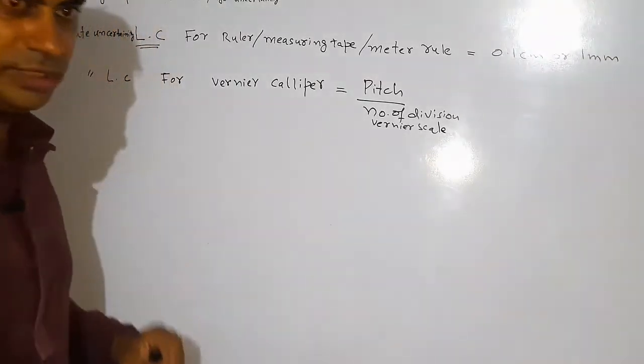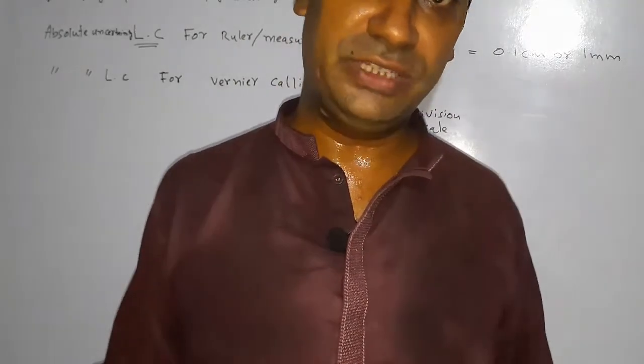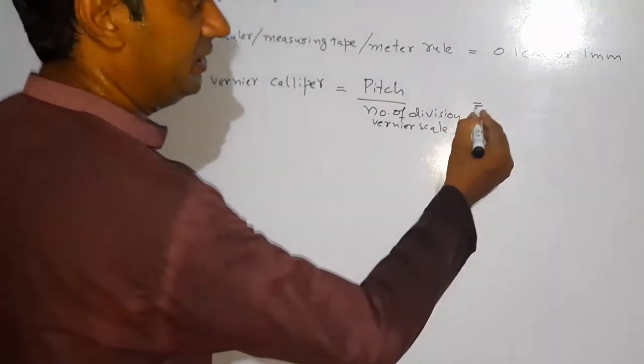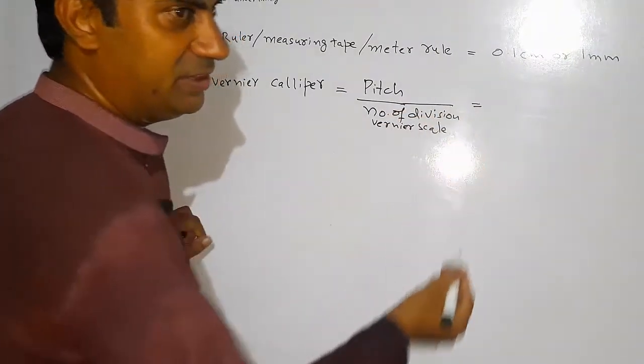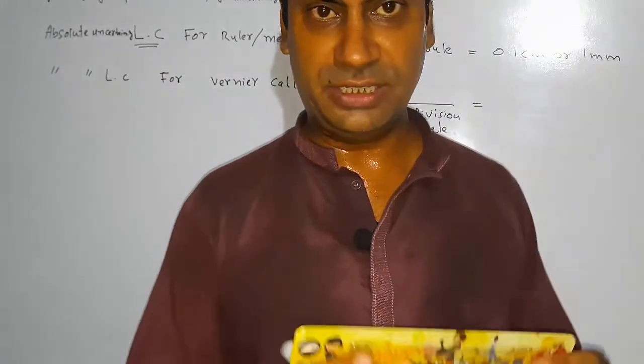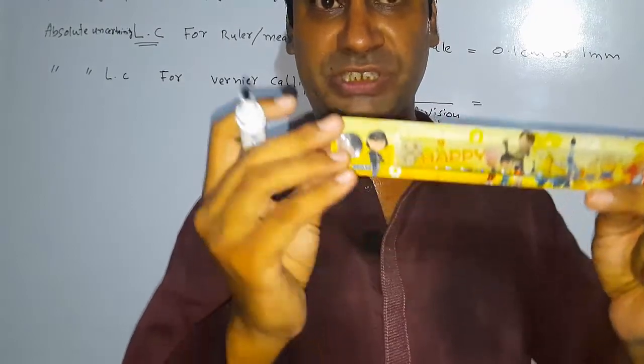No doubt there are two types of scales in the vernier caliper. One is the main scale and the other is the vernier divisions. Pitch means the minimum distance between two consecutive threads. In the scale we have, the pitch is 1 millimeter.